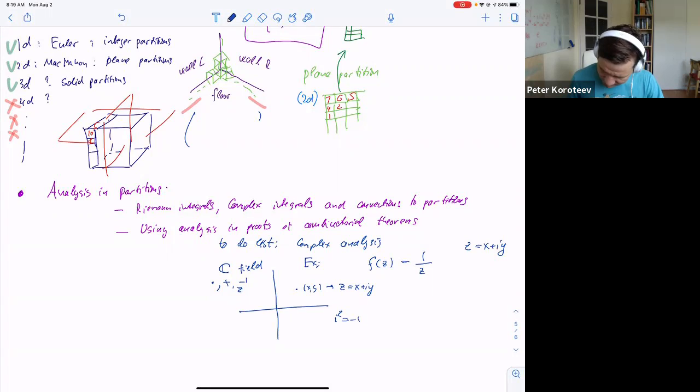Fun fact about this. Now say you have this function f of z, and you want to integrate it over a path. You may have heard that you can integrate not only over a line, like the normal Riemann integral from a to b of f of x dx, but you can also integrate over curves.